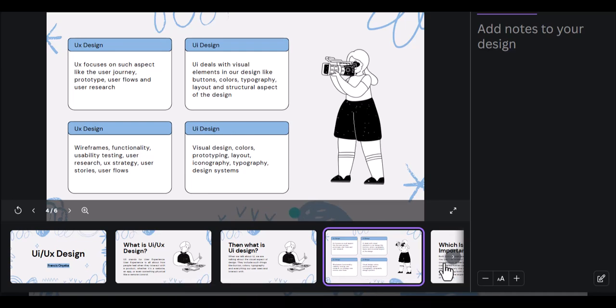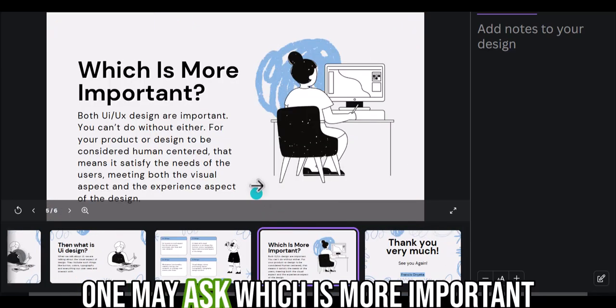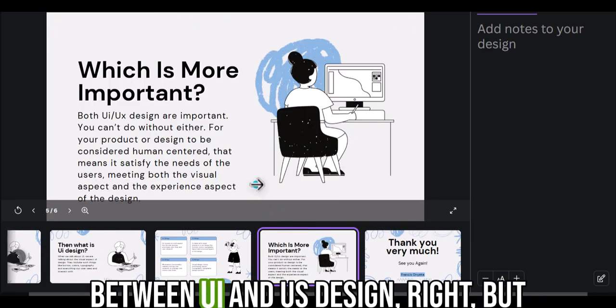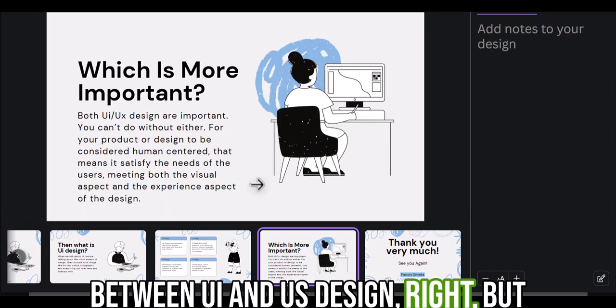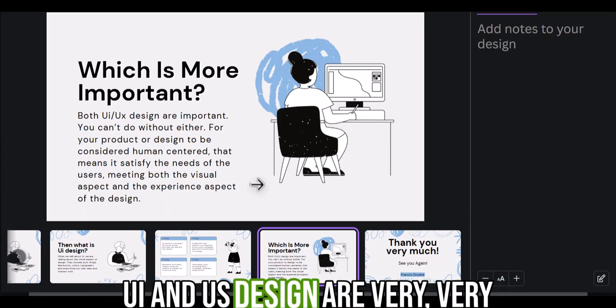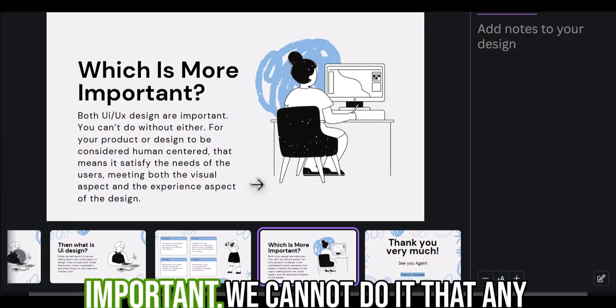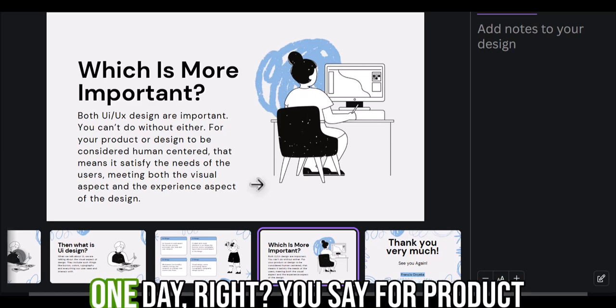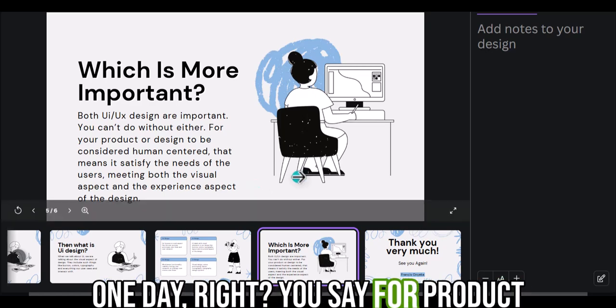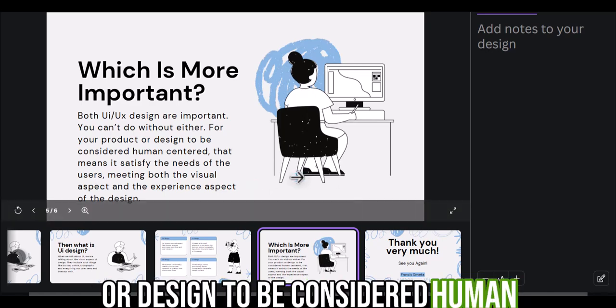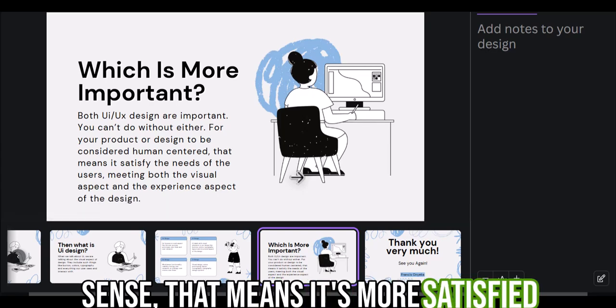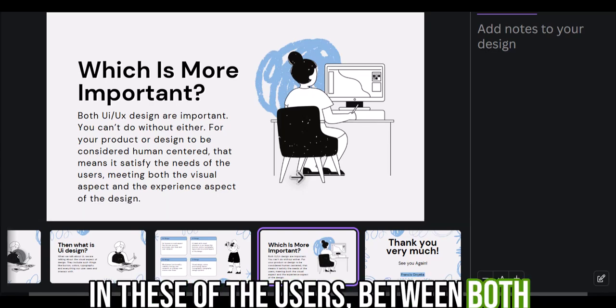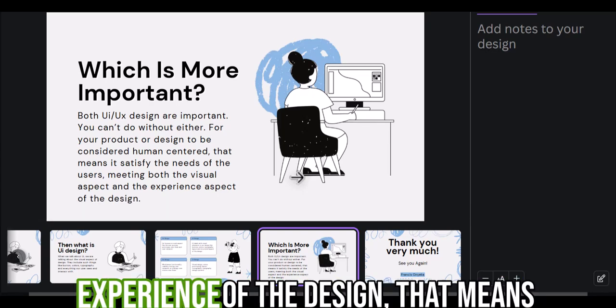And then one may ask, which is more important between UI and UX design? Both are very, very important. We cannot do without either one. For a product or design to be considered human-centered, it must satisfy the needs of the users, meeting both the visual aspect and the experience aspect of the design.